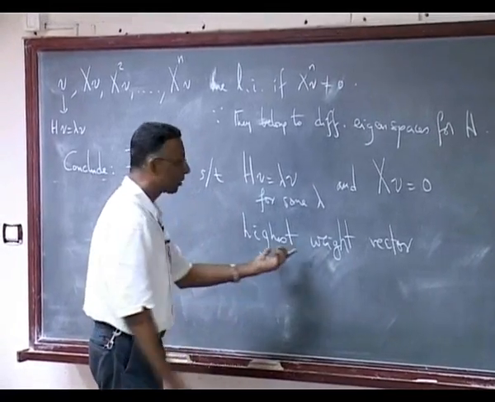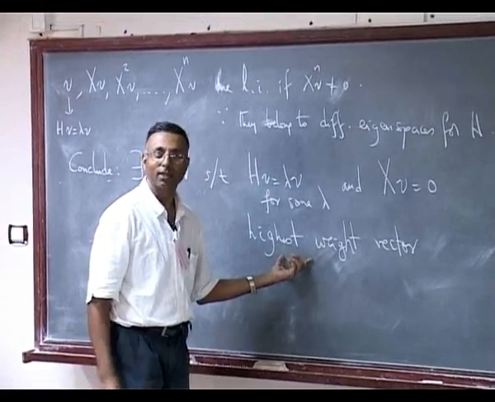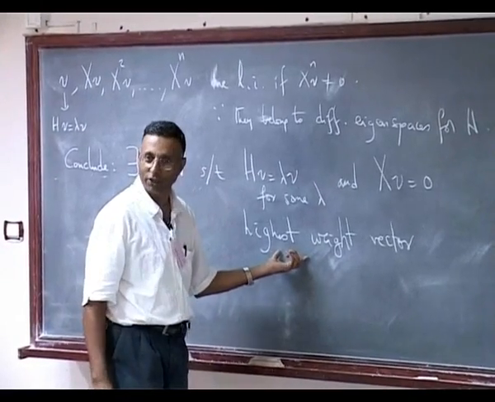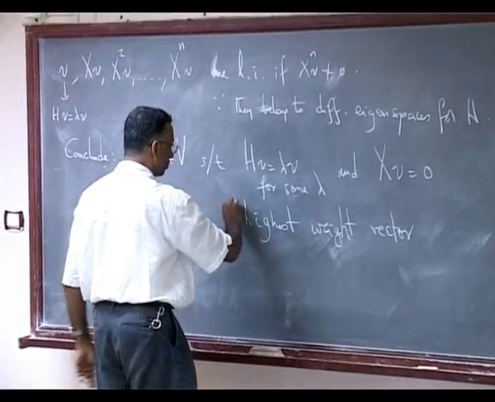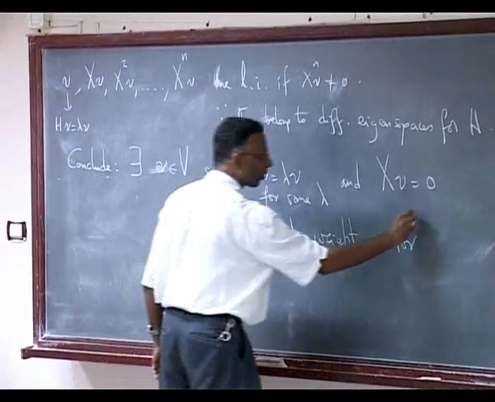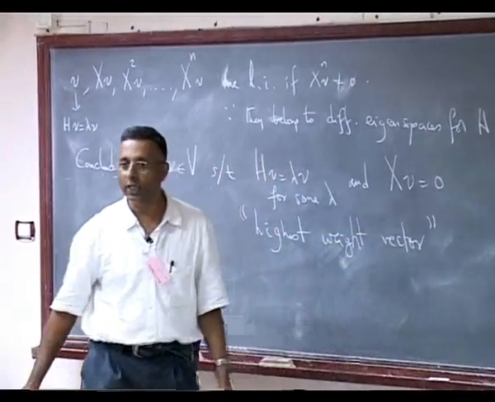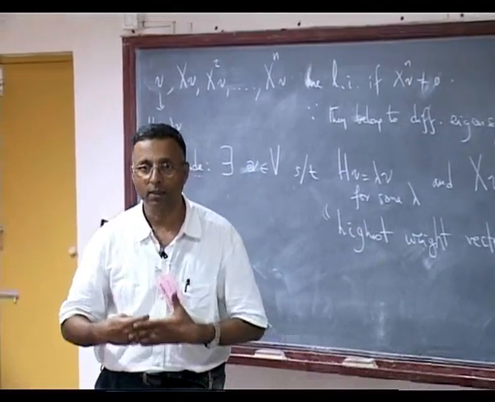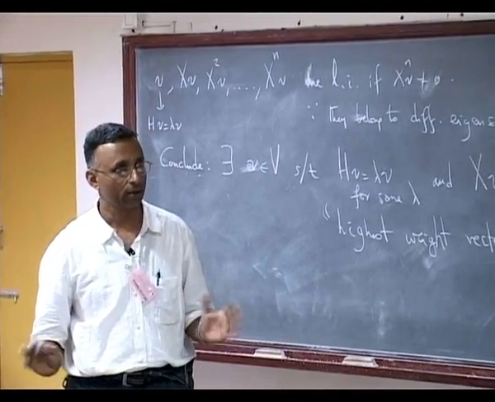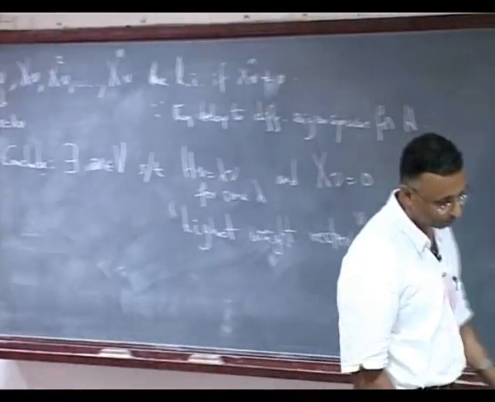For the moment, take that as some kind of whimsical terminology if you wish, and let's go on. Such a vector is called a highest weight vector. So what we have proved therefore is that highest weight vectors do exist.